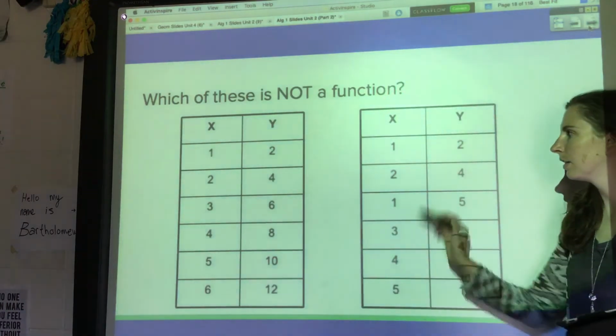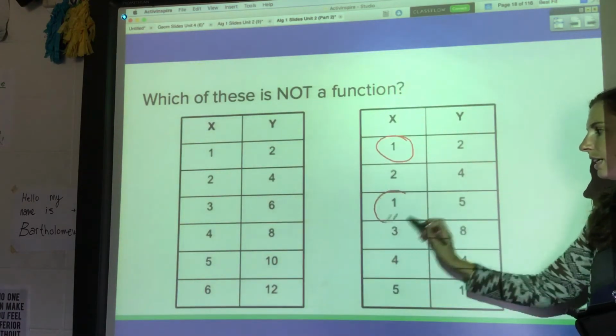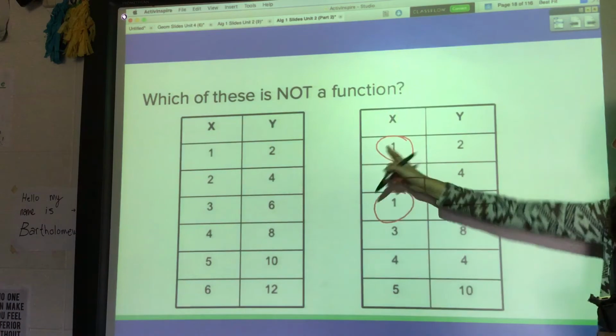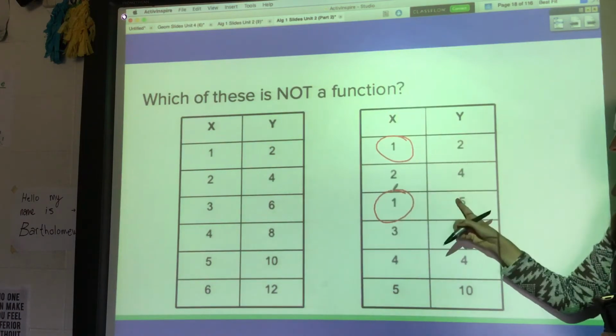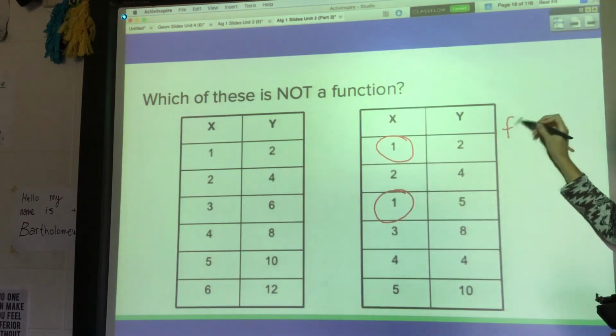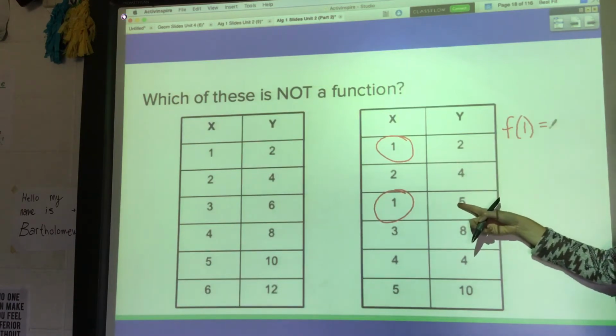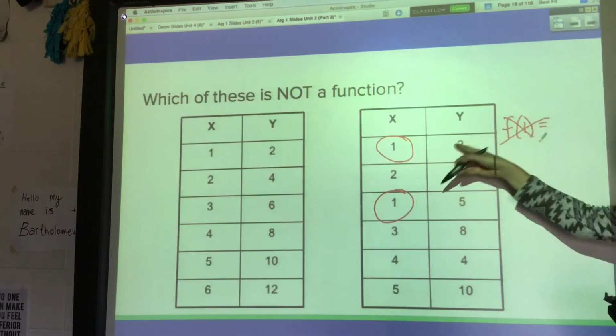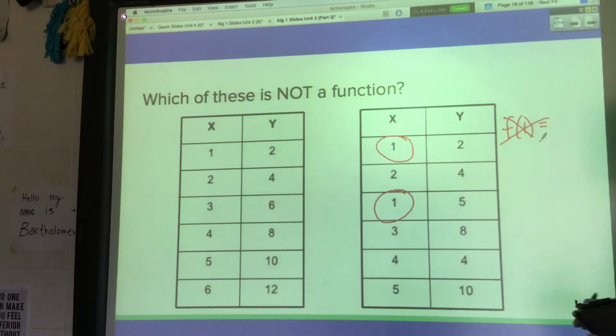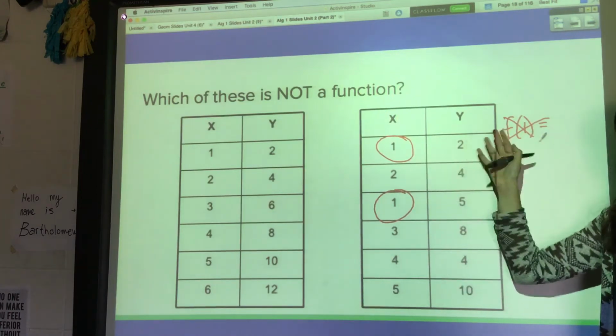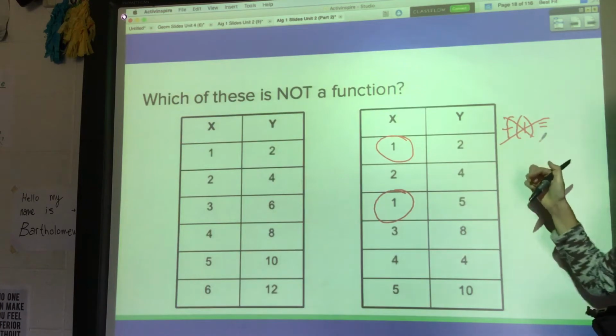But here, see how I repeat the 1? 1 has an output of 2 and 1 has an output of 5. So again, if I tried to do like f of 1, would it be 2 or would it be 5? I don't know, so it's not allowed. This is not a function. It's what we call a relation. There's some sort of relationship here, but it's not a function specifically.